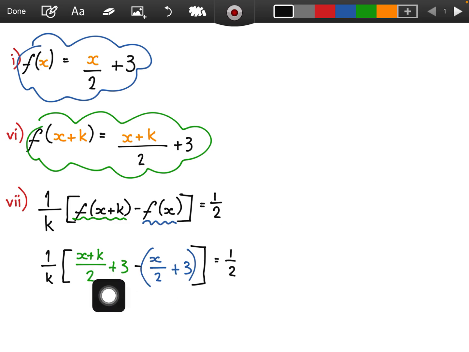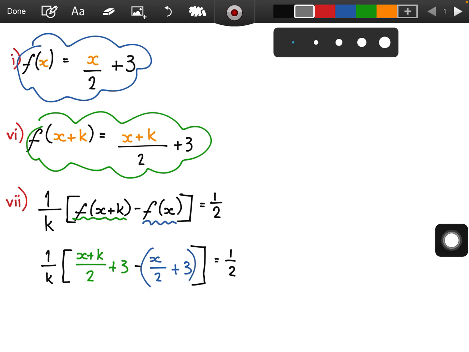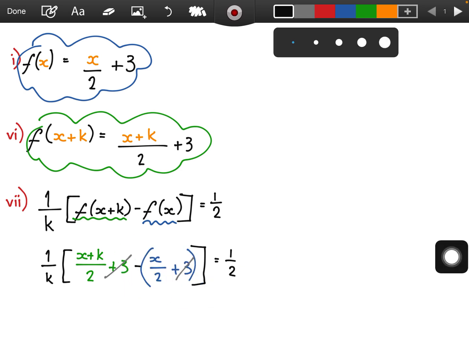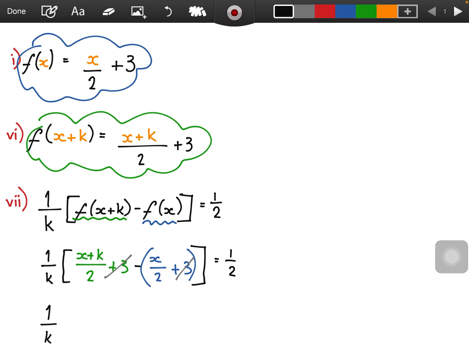So straight off, I'm going to have a plus 3 and a minus 3. I'm just going to cancel them. That's going to be a minus 3 because there's a minus outside the brackets, that's going to change it to a minus 3. So I'm just doing that now to save myself a little bit of work.